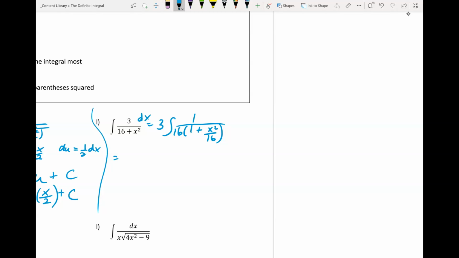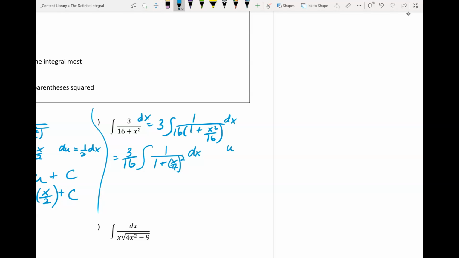I'm going to move the 16 with the 3 for now, and rewrite my x squared plus 16 as x over 4 to the power of 2.